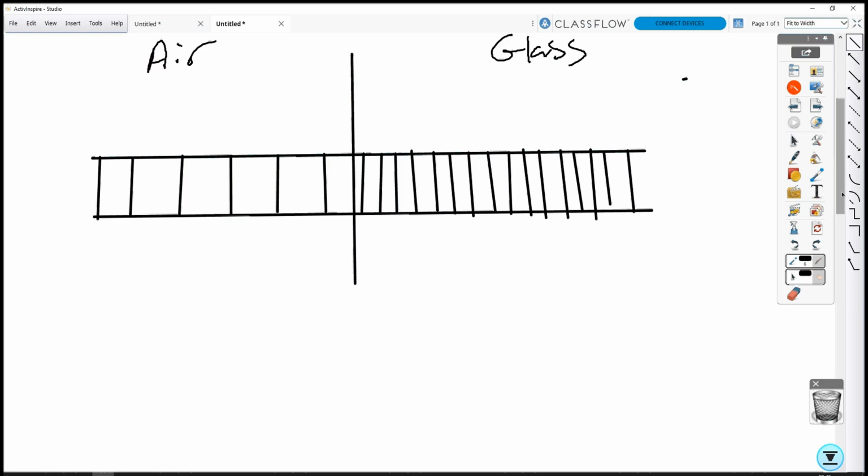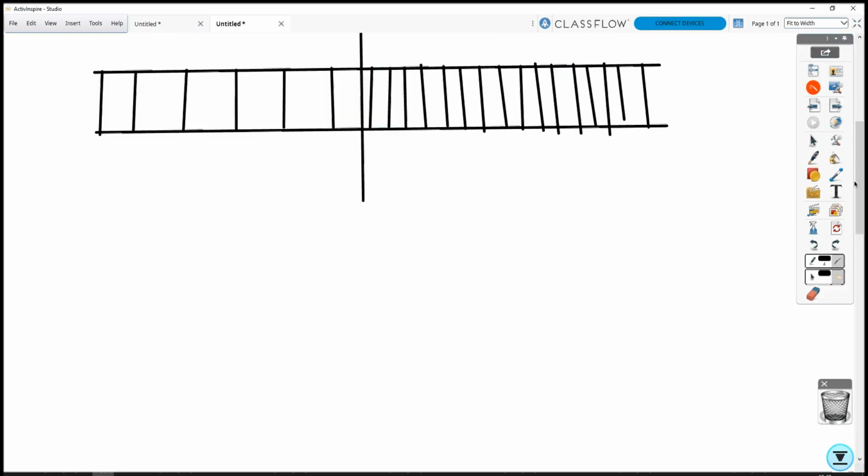So in this situation, the light does not refract because it's come at right angles to the boundary between the mediums. But what we can see is that the frequency of the light remains constant.